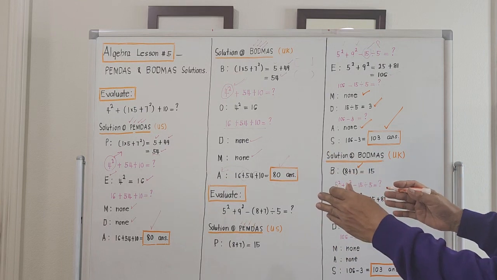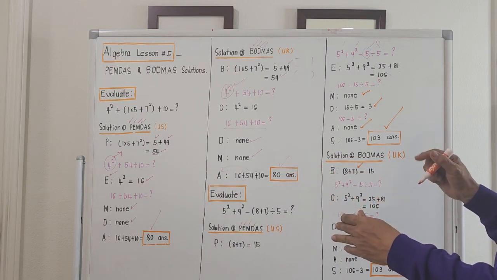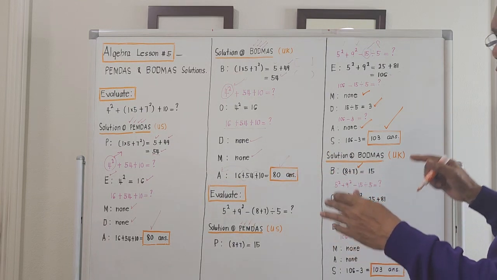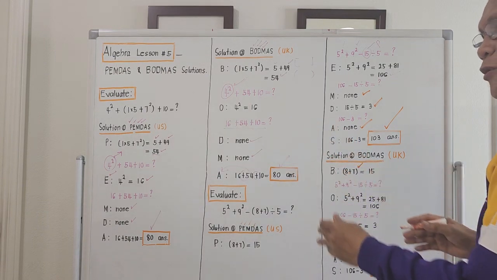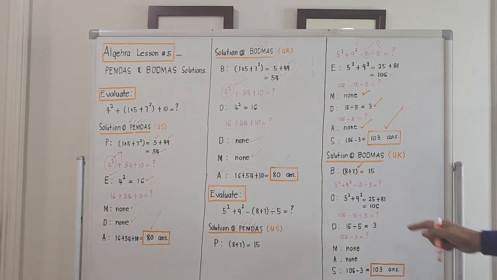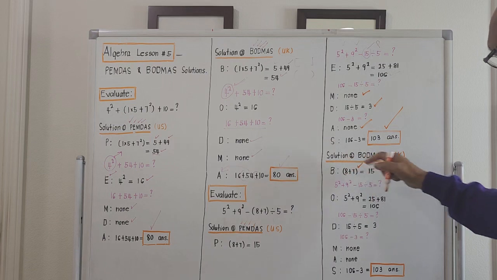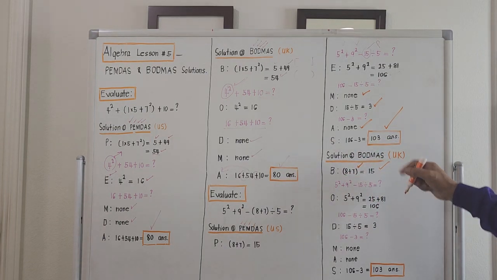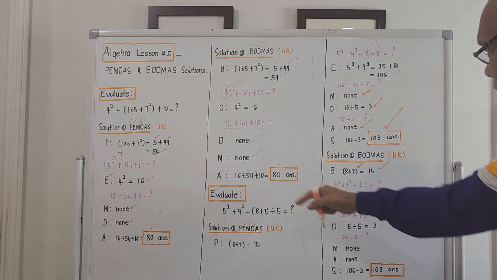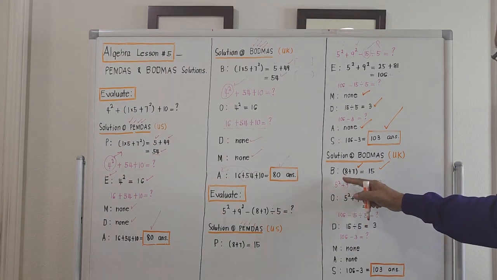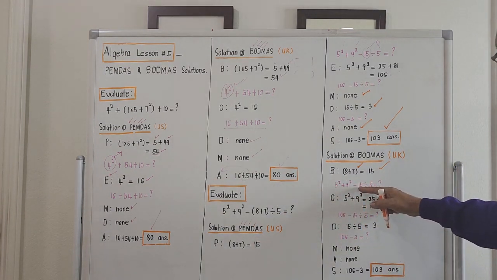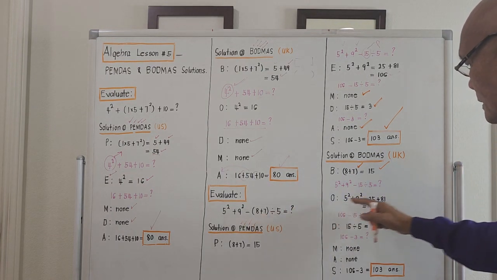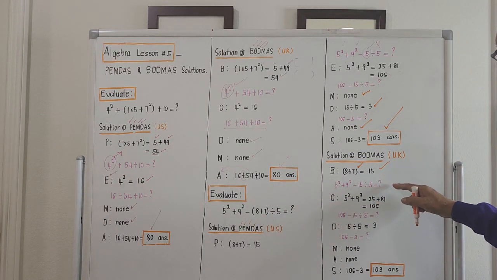So the first priority under the UK solution are all the terms with the grouping symbol. So it will be 8 plus 7, open and close quantity, and they should be equal to 15. Rewriting the original mathematical expression, it will be 5 squared plus 9 squared minus 15, the compressed value of this one, divided by 5, and what will be equal to?